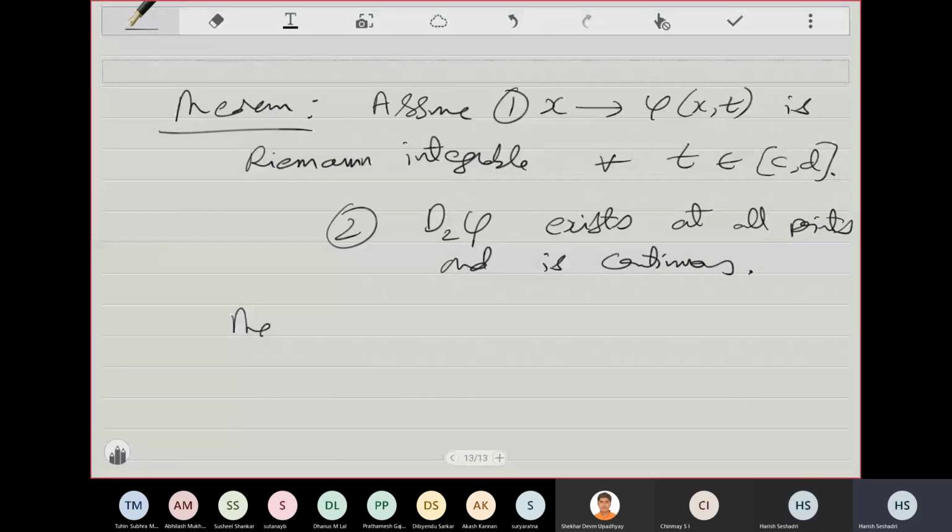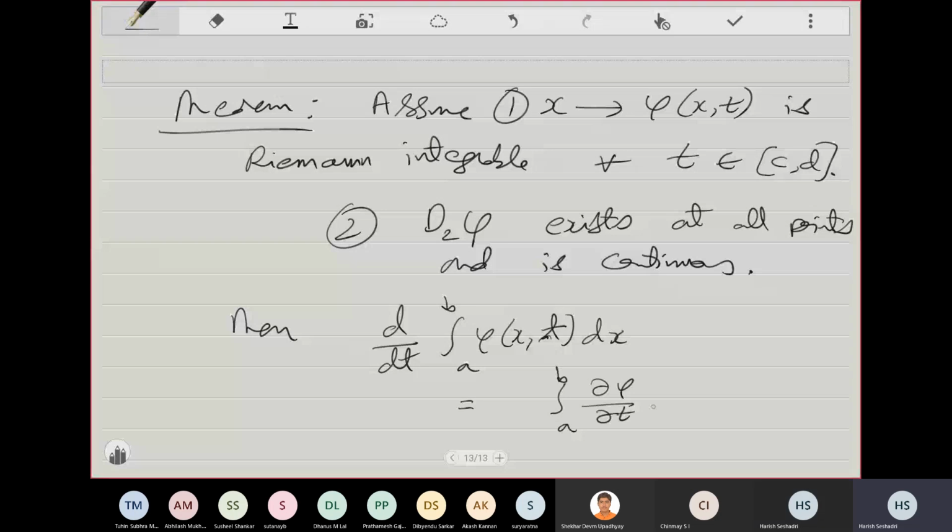Then d by dt of the integral equals the integral of the derivative. By the way, this holds for all t. This holds everywhere.